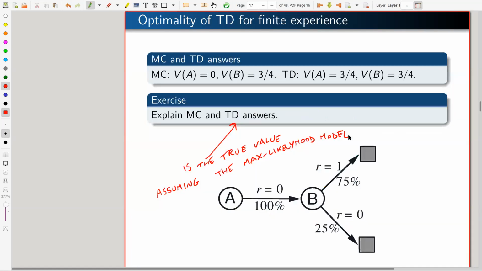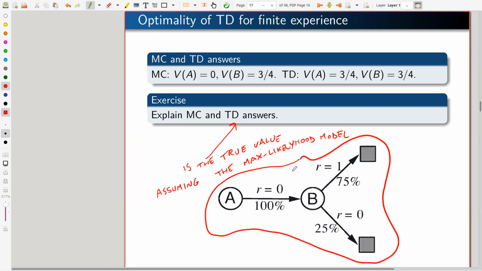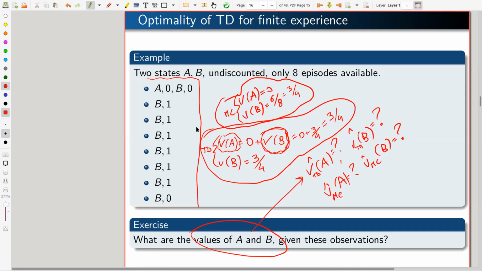If you build this model, put these numbers as parameters, let's say P1 and P2, and find the value of the states according to these two parameters, then you will find that the temporal difference answer is the value given by the parameters that maximize the probability of the previous experience to happen.